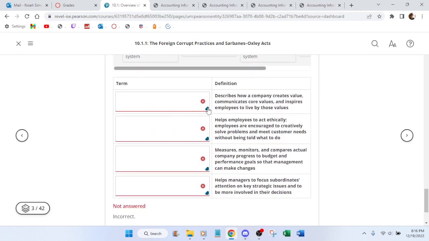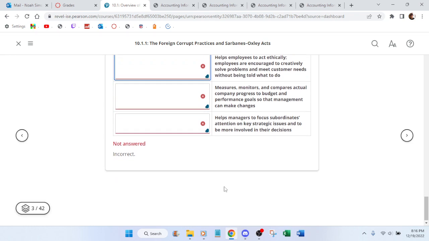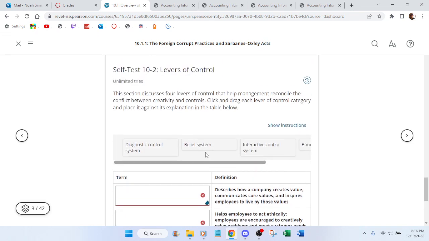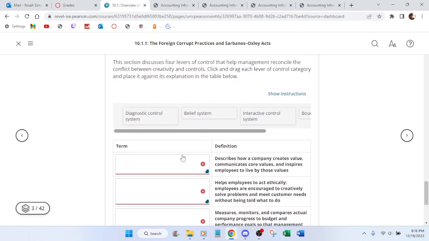Hey, where's the answer? Belief system? Oh.